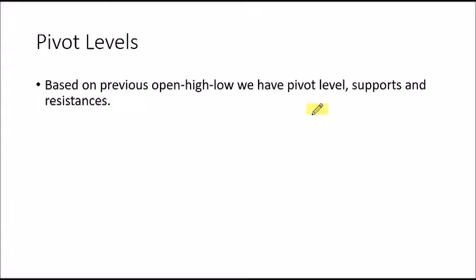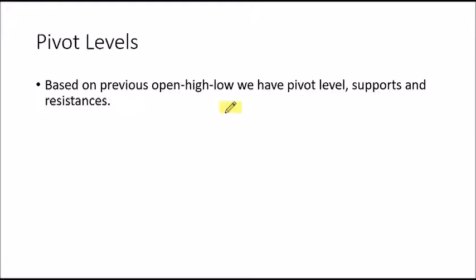So pivot levels again. Pivot levels are the levels of resistance and support. Pivot is nothing but the average of the open, high, low of a particular day or week or whatever the time period of the pivot is. So if the stock closes above that pivot level, resistance 1 and resistance 2 it might go towards.